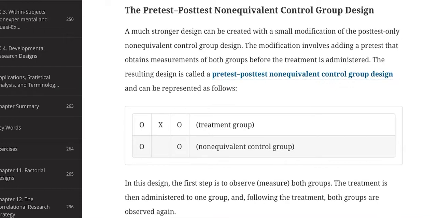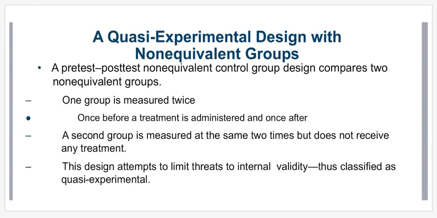We can compare the groups on the post-test, but because we can compare them on the pre-test, we can know whether or not they were actually similar or different beforehand, before the treatment ever was introduced. So this just kind of walks you through it. One group is measured twice, once before the treatment and then after, and then the second group is measured twice as well at the same time, but there's just not a treatment in between. That's your non-equivalent control group.